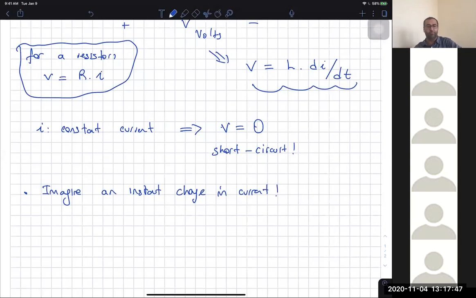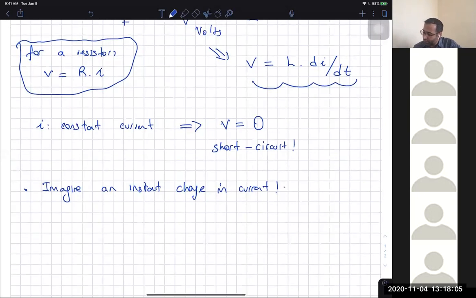What is going to happen? So you have a switch, you just double the current flowing through the terminals of the inductor. Can you guess what is going to happen? Voltage drops, maybe. Look at this equation, and then imagine you're doubling the current instantaneously. High voltage maybe. Yes, there will be extremely high voltage.